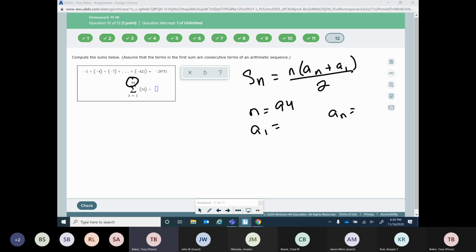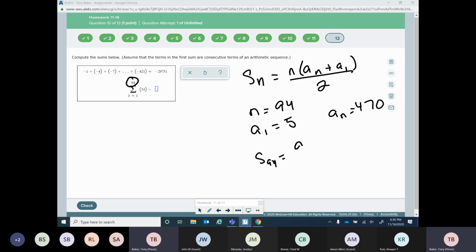So my first term is I plug in 1 to the k, so 5 times 1 is 5. The last term, I have to plug in 94 to it. So 5 times 94 is 470. So I get S_94.